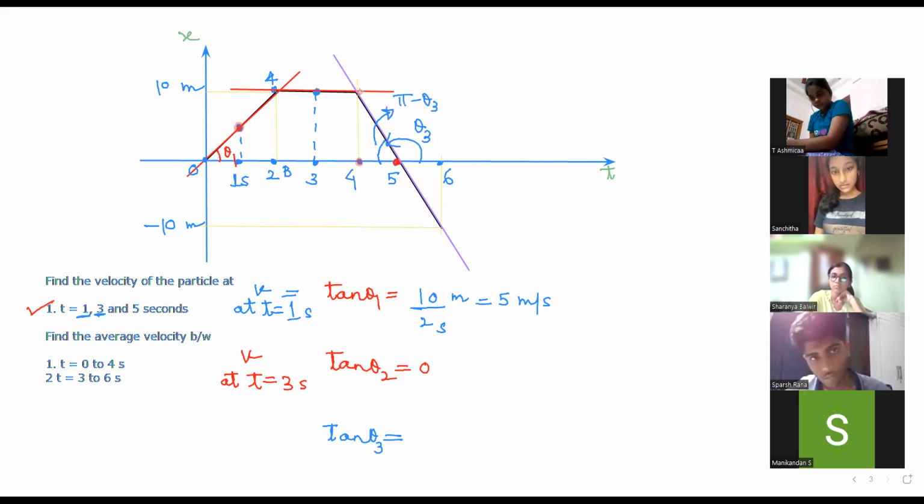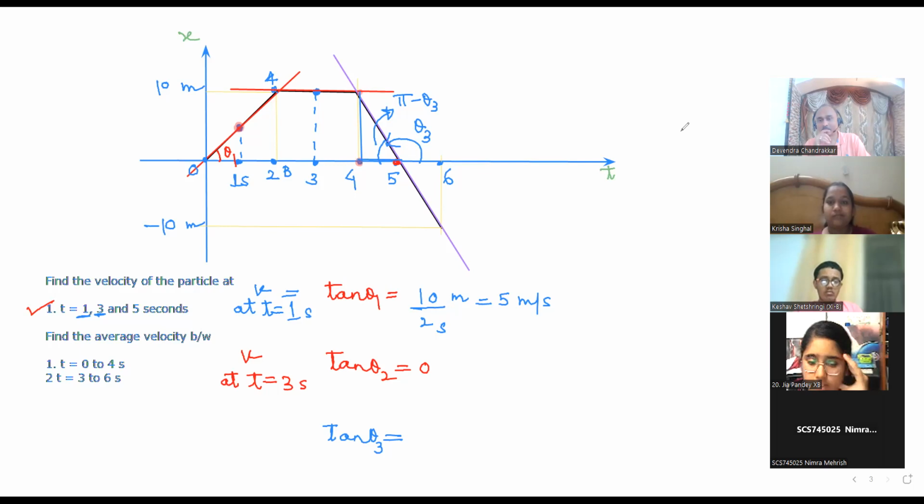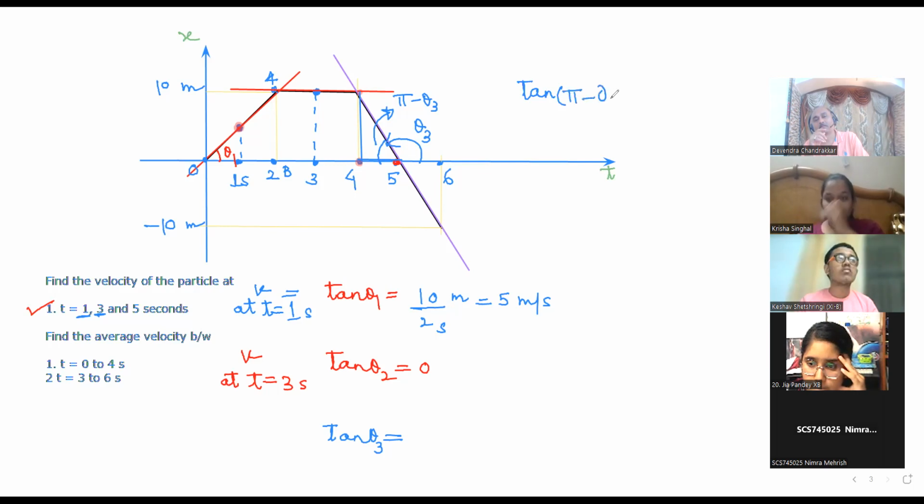So can I draw this triangle now? Jia, yes or no? So what is tan of pi minus theta 3? Very good.